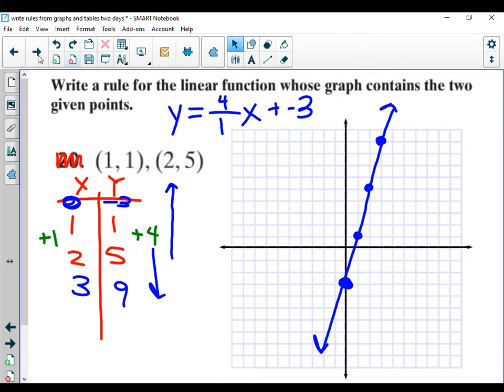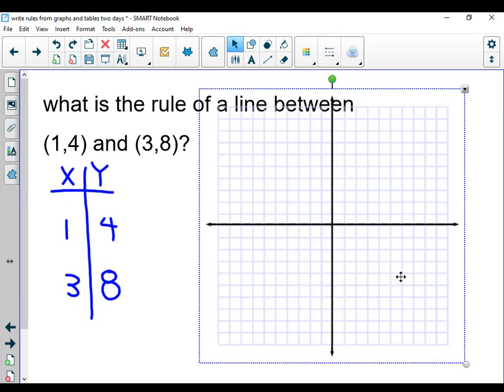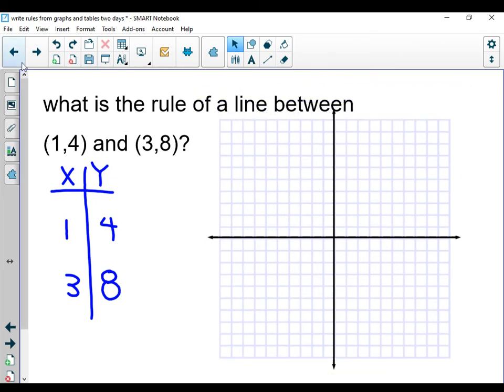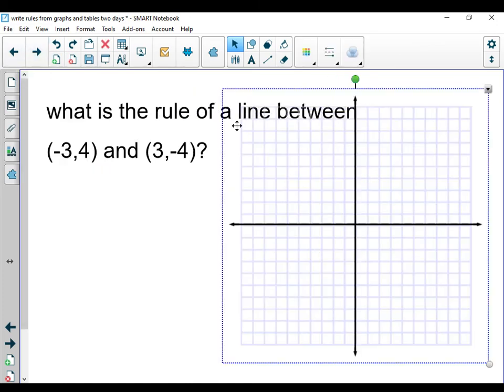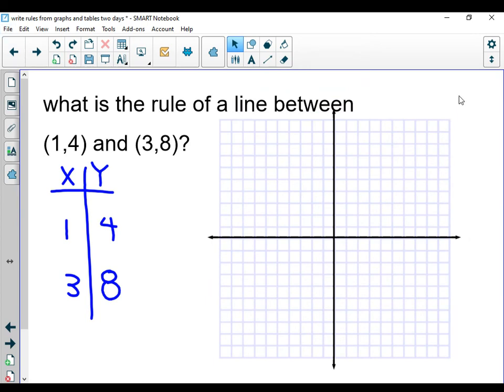Just like magically put a 0 there? No, because the run is going up by 1 and the rise is going up by 2. So you just add a 2 and a 6 in between.